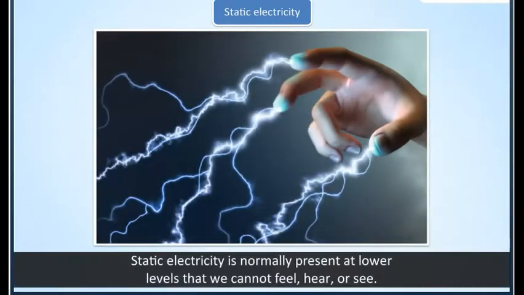Static electricity is an everyday phenomenon and is normally present at lower levels that we cannot feel, hear, or see. However, it can damage sensitive electronic components.